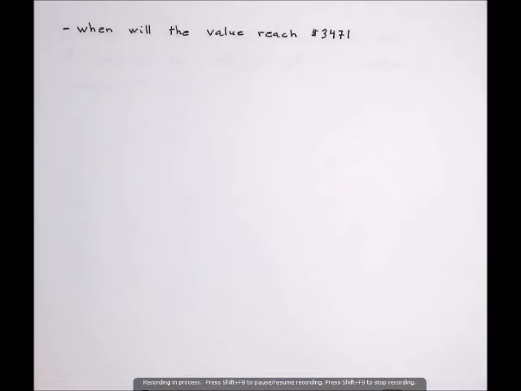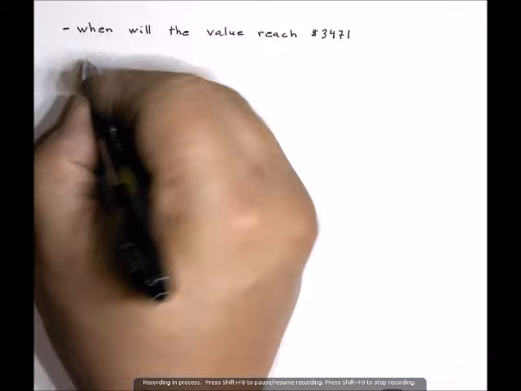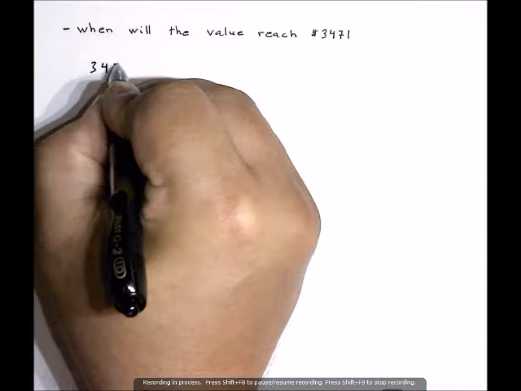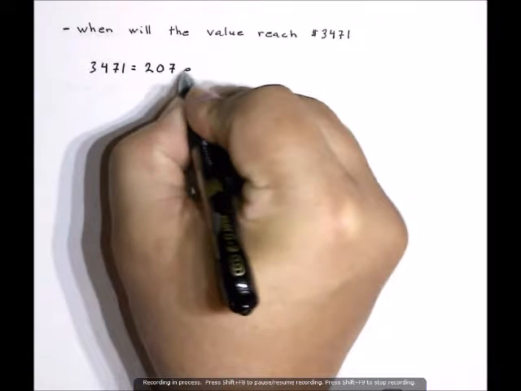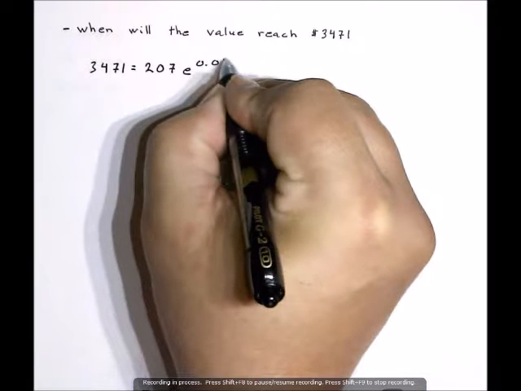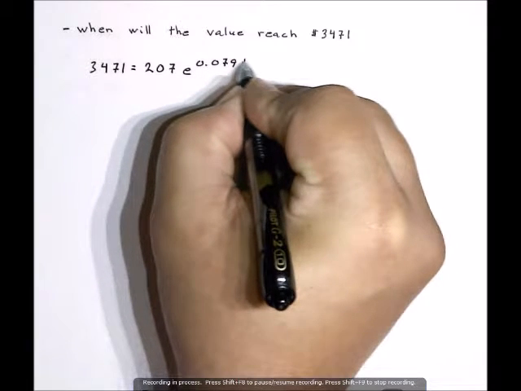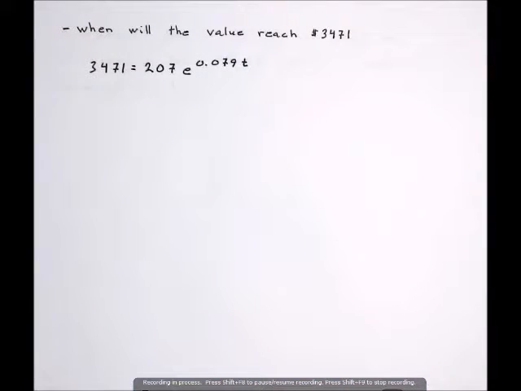Now let's try another one of the same type. When will the value reach 3,471? Well, for this one, I do need to put in the final amount over on the left-hand side. And again, I need to get rid of that 207 in front of the e, so I'll divide both sides by that.